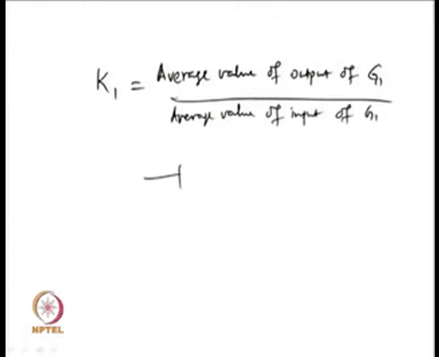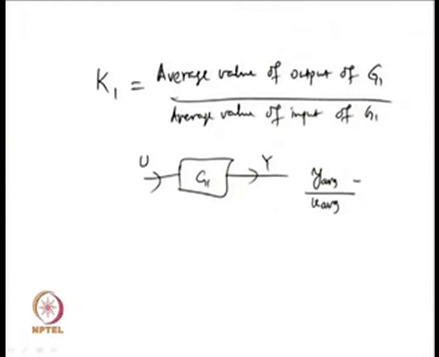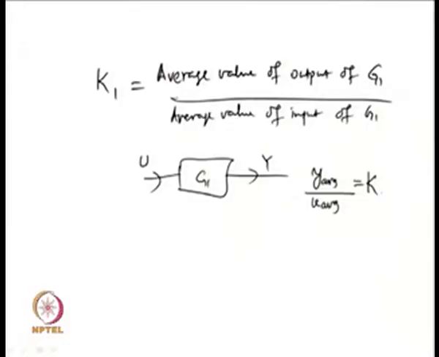Suppose I have a G1 dynamic, where the input is u and the output is y. So, when I take the average, that means y avg upon u avg, in small letters now, because I am measuring the signals and finding their average values. The average gives you the steady state value or DC value, which gives you the steady state gain K. This is how the steady state or static gains associated with the transfer function models are estimated.